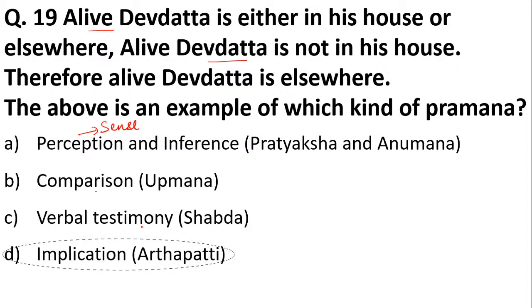So these are different types of pramanas. And Arthapatti is called implication. If you are Devdatta's friend, you go to his house and you do not find him in his house, you imply that he has gone somewhere. So this is an example of Arthapatti.